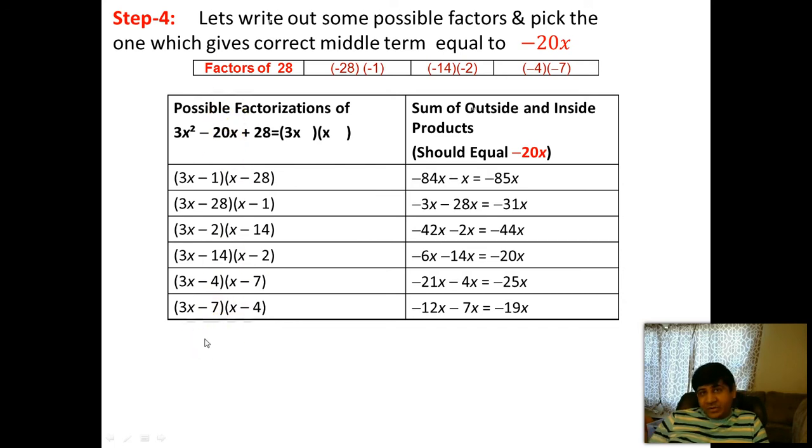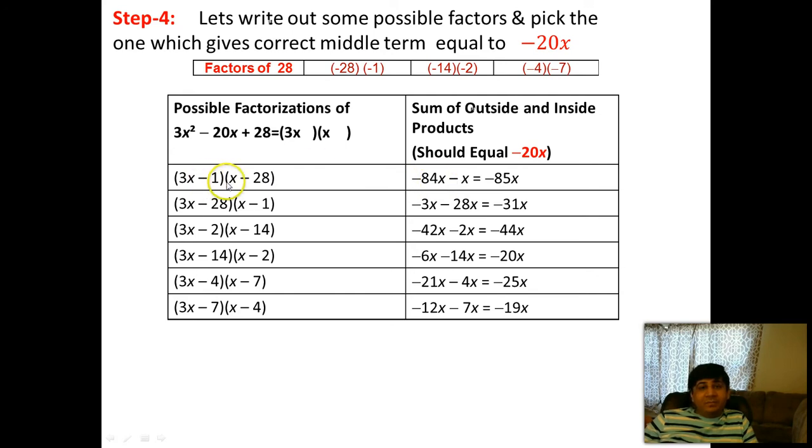Only one of them is correct. To pick the correct one, we must choose such that the sum of the products of the outside and inside terms gives us minus 20x. So outside is this one times this one, which is minus 84x.